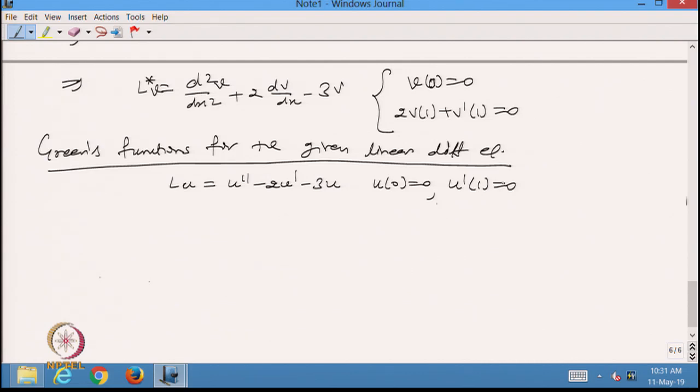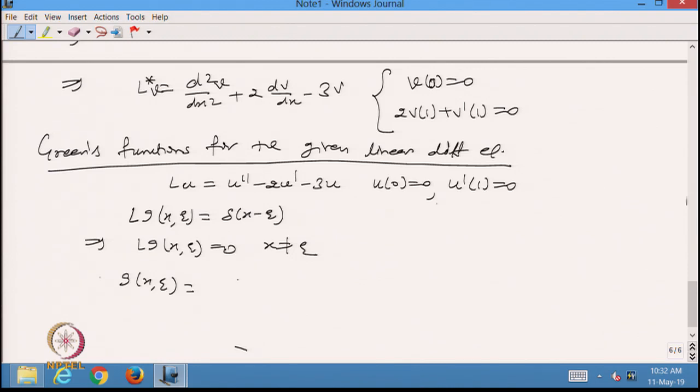If I want to find the Green's function, we know that L of G(x, xi) is equal to delta(x minus xi). So, I can say that L of G(x, xi) is equal to 0 when x is not equal to xi. So, from here I can find G(x, xi) for the corresponding homogeneous part.